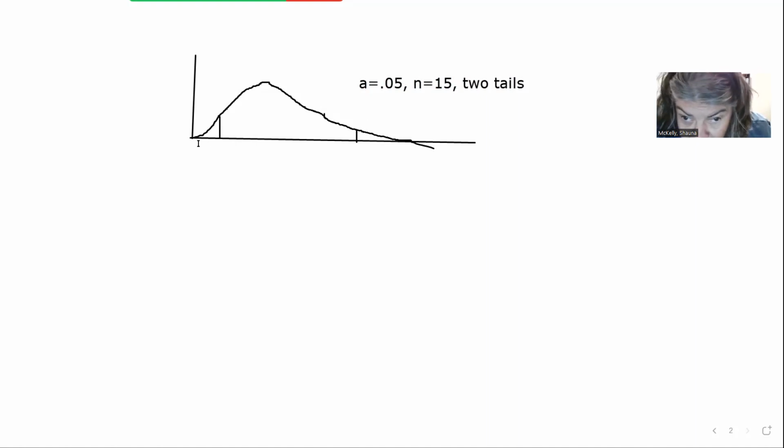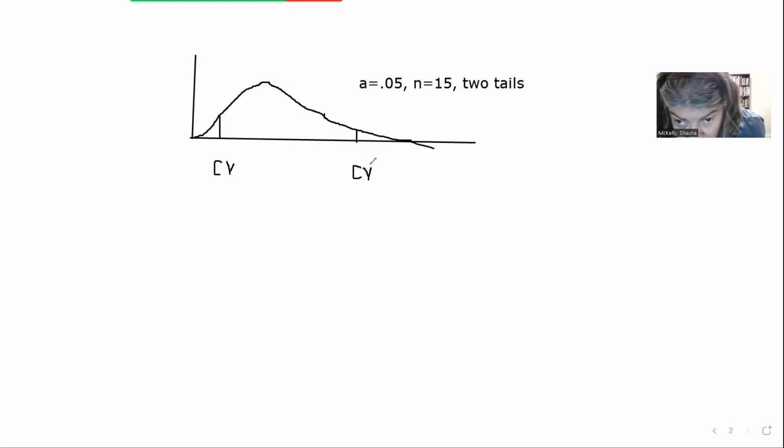So I have one critical value over here, which is going to be different, not just in magnitude, but remember they're both positive, and one over here, okay?